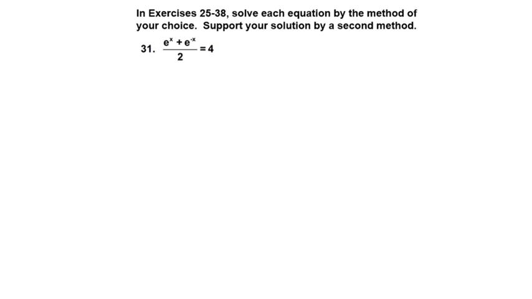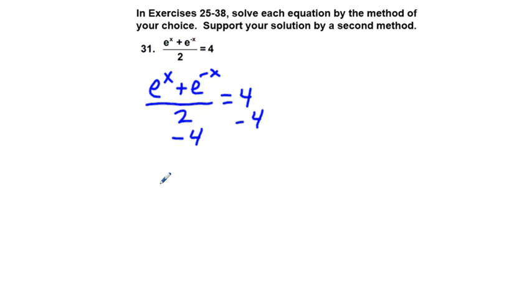Next on our problem list is 31. Again, we have e to the x plus e to the negative x over 2 equals 4. We're going to solve this equation for 0 by subtracting 4 from both sides.